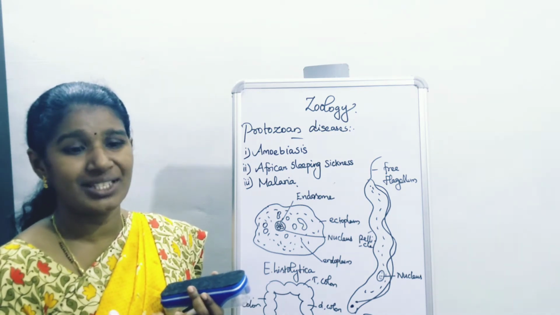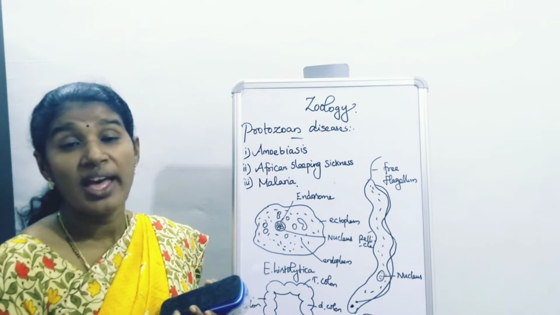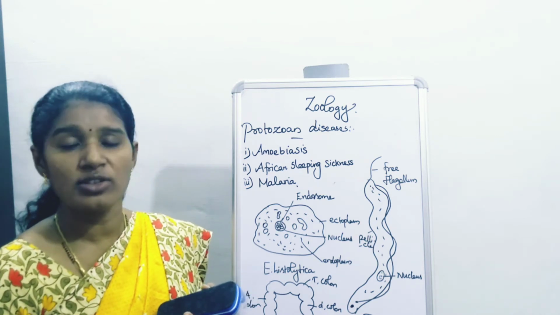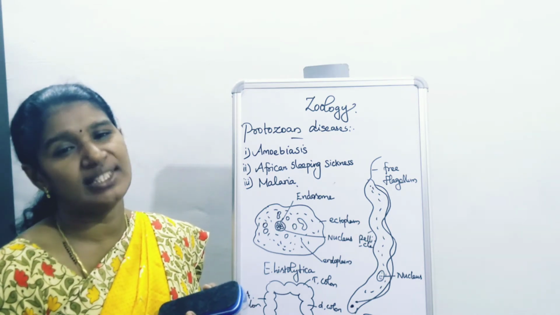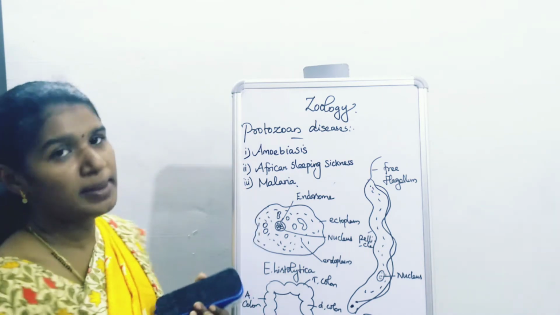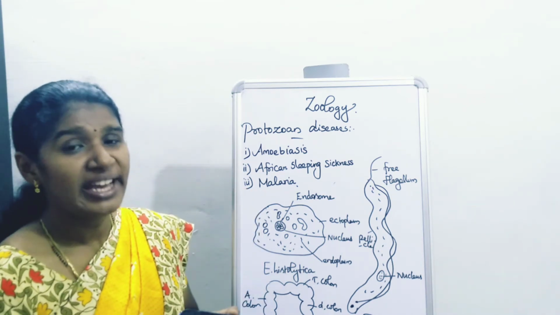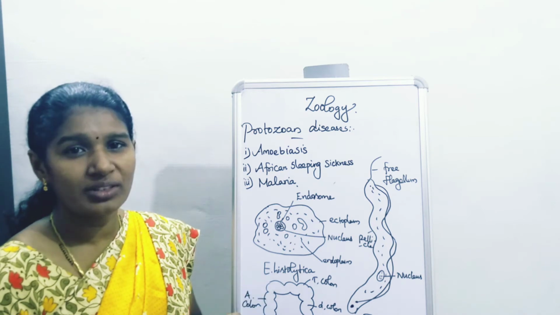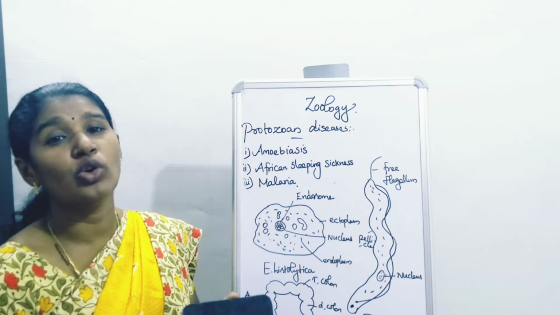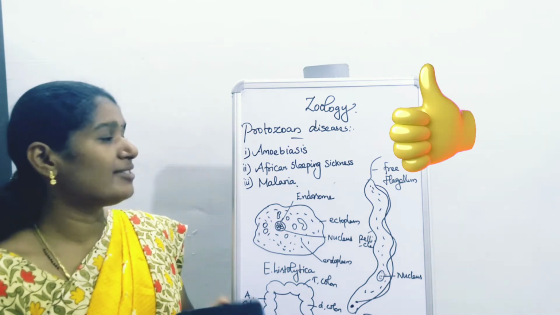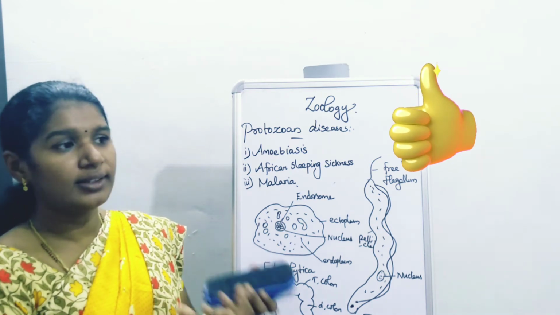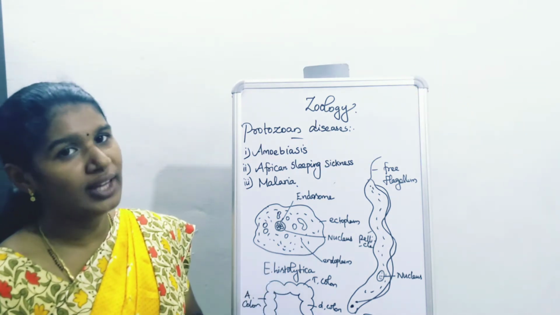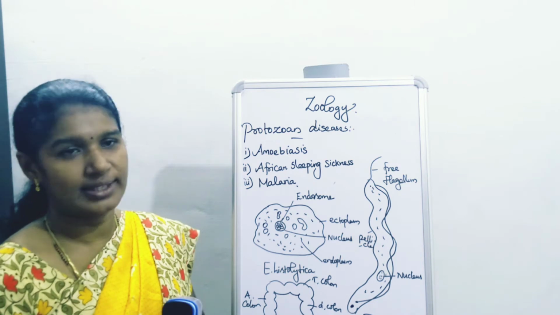Mucus means a jelly-like fluid, and stool is fecal waste matter. How does it spread? It spreads from dirty water or improperly cooked food items, so it is easily transmitted through dirty water or uncooked food.